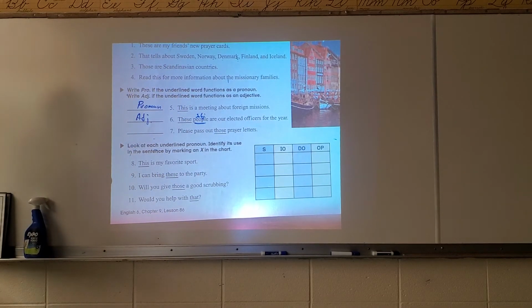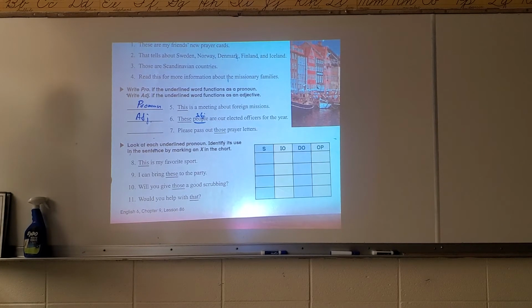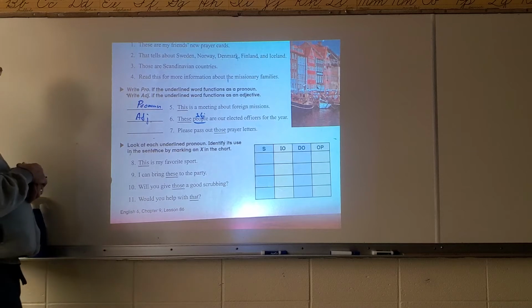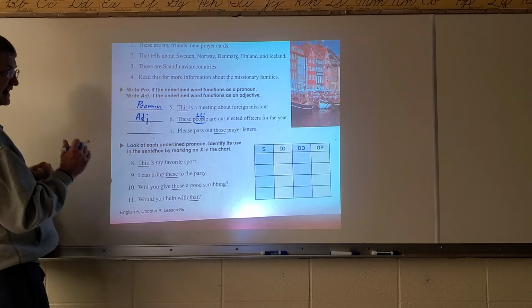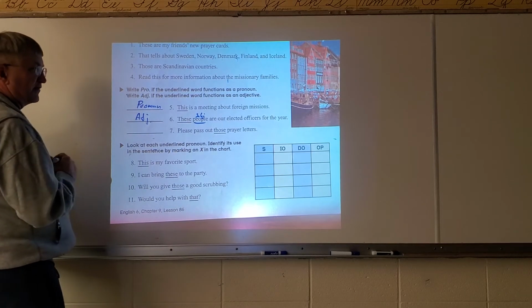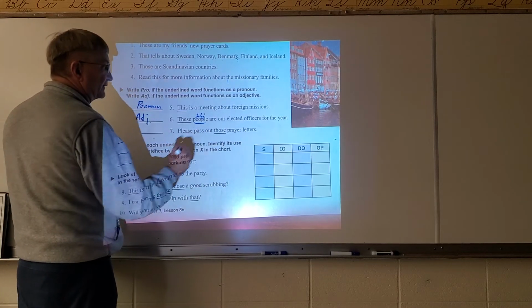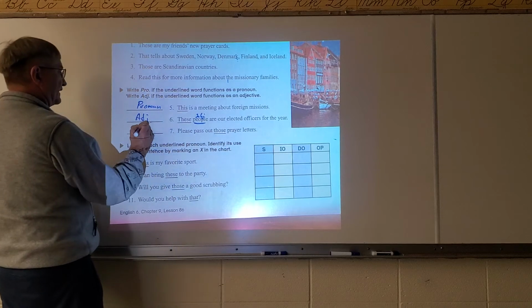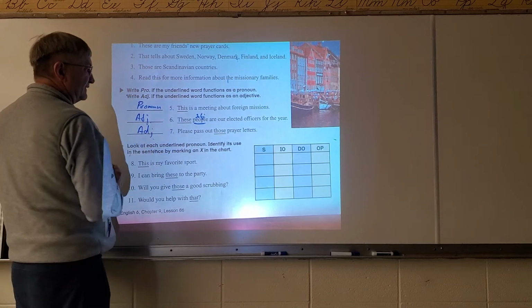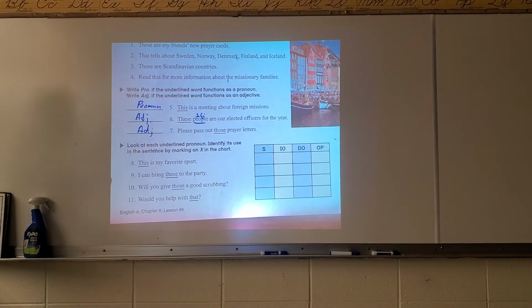Please pass out those prayer letters has a you understood subject. Sorry about that. You please pass out those prayer letters. So I messed that up. But again, those prayer letters is an adjective because it's describing prayer letters. So that is an ADJ. Sorry about that little mess up.